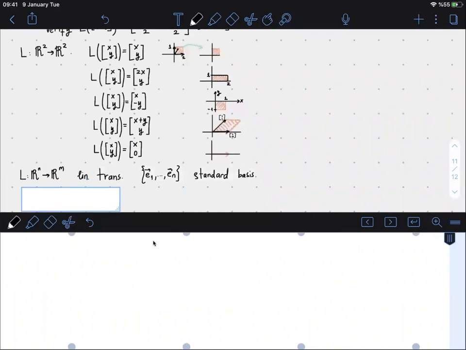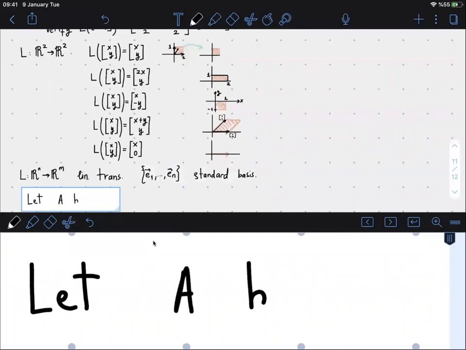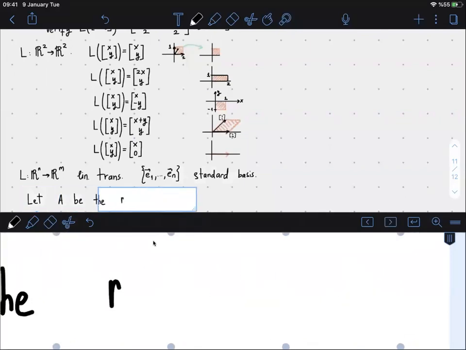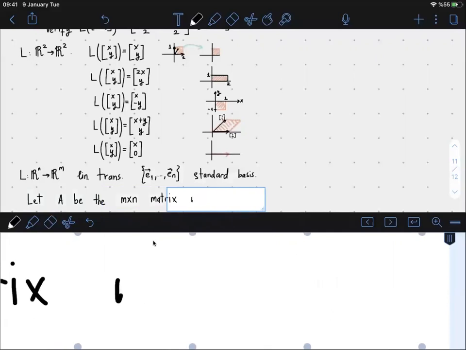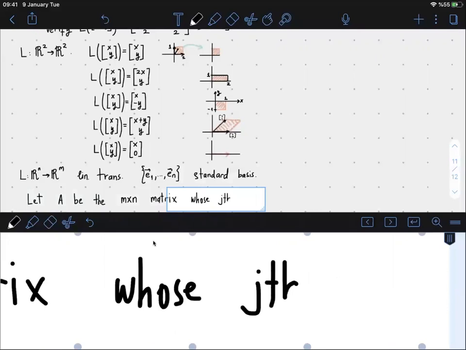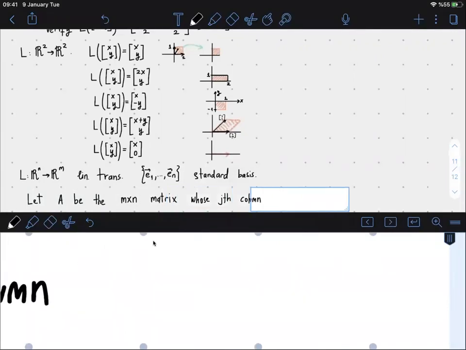Let A be the matrix whose jth column is L of Ej.